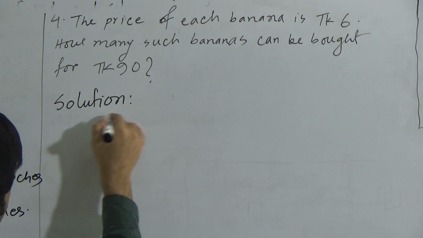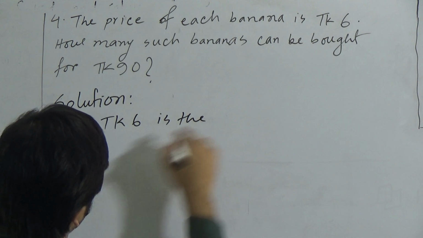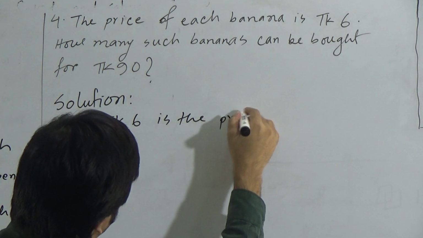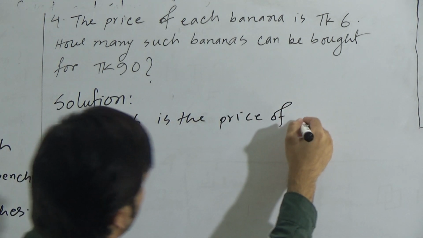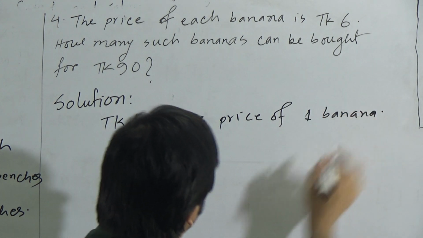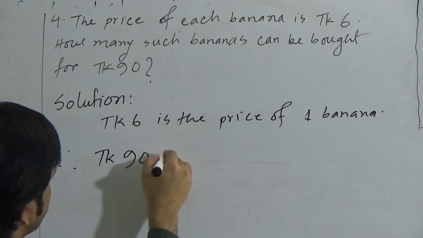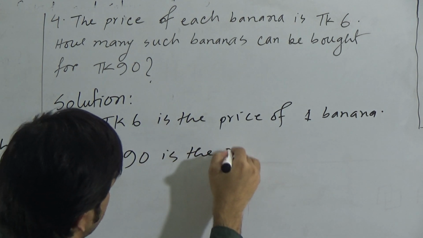We can write taka 6 is the price of one banana. Therefore, taka 90 is the price of.